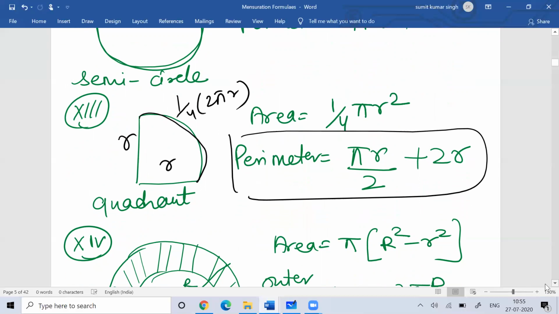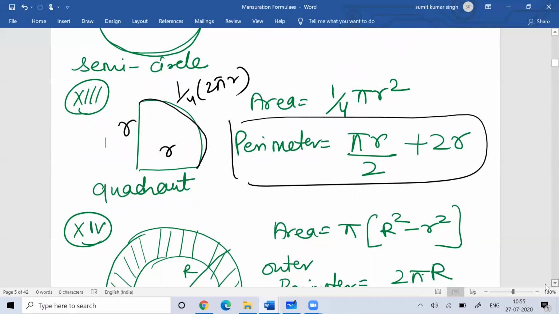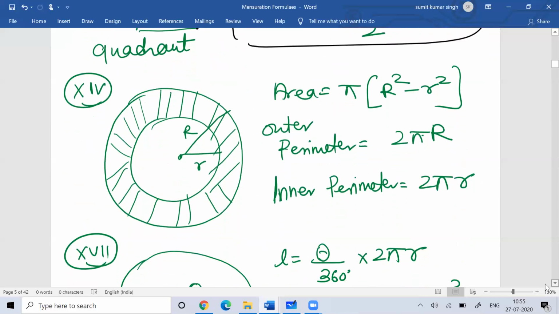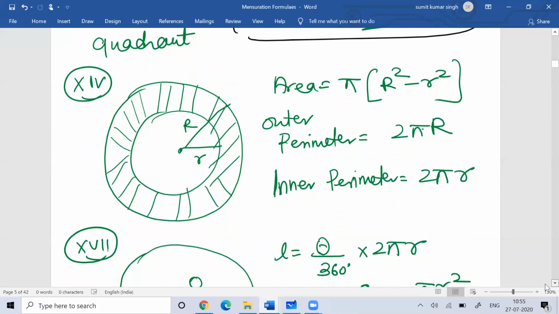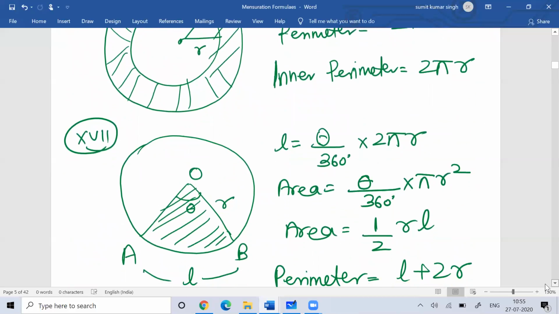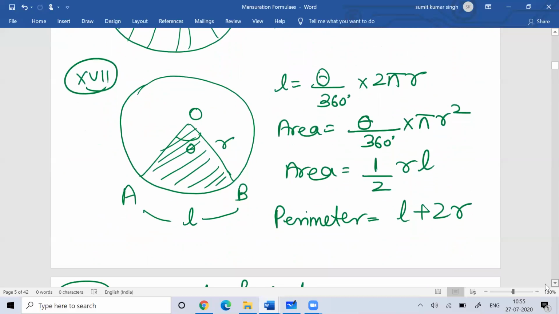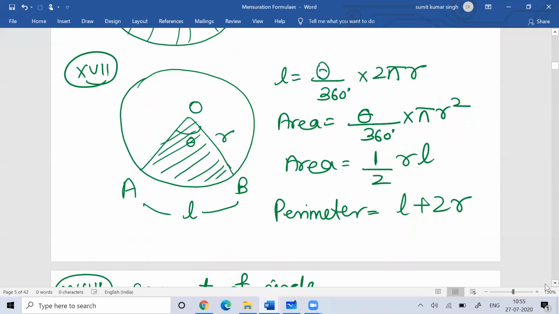Then going further, if you get a ring and all, this is the formula for a ring. The area is self-explanatory, so a hollow ring or anything. Then if you get a sector, a sector is a part of a circle. So you just need to figure out the part. That part you measure in terms of angle.